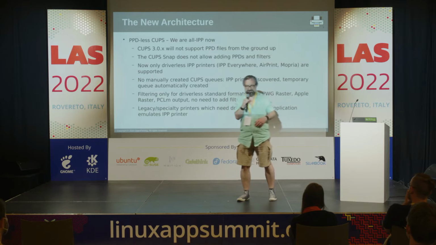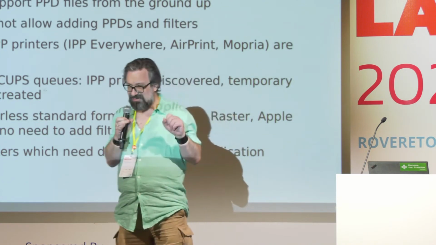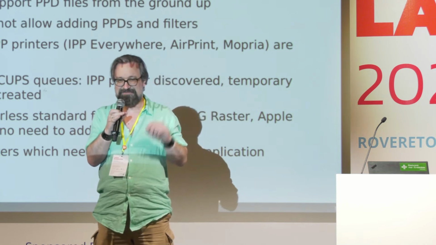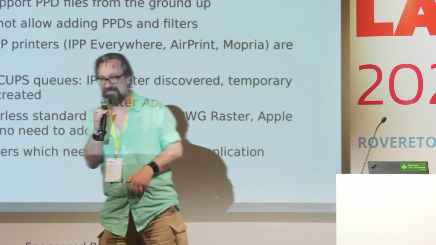But for CUPS, it sees a driverless printer on localhost. And for all the drivers which you can get for Debian as free software, I've already converted them all into 4 printer applications, which you find in the Snap Store.